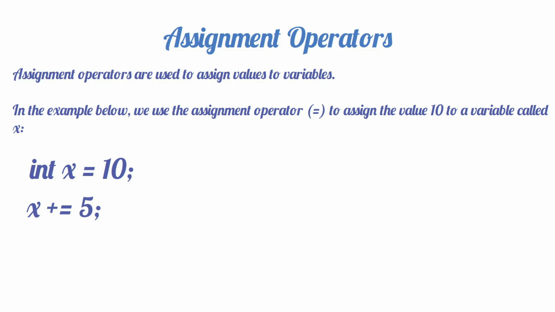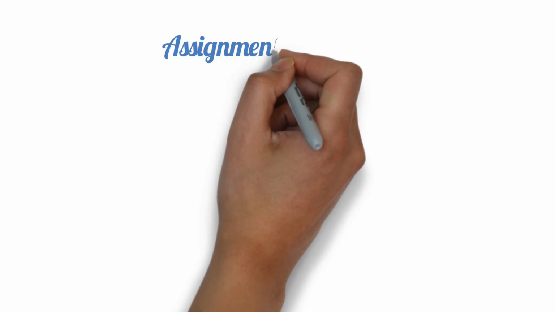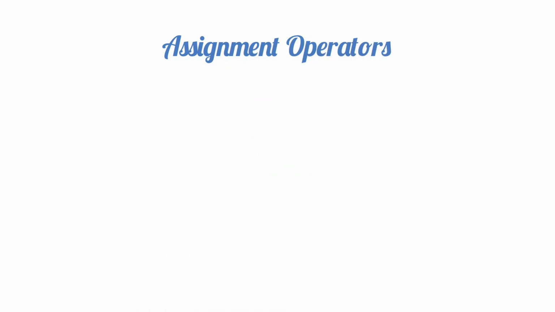What I am doing over here is x plus equal to 5 represents x equal to x plus 5. It is not necessary that you write x equal to x plus 5. Instead of this, you can use this shorthand statement, that is x plus equal to 5. Both mean the same.